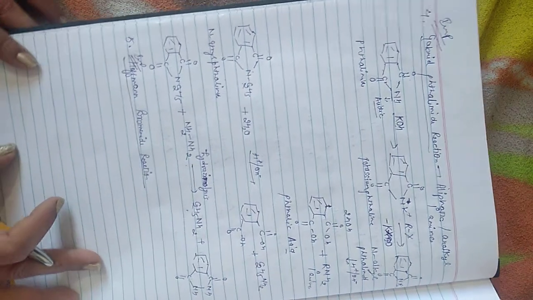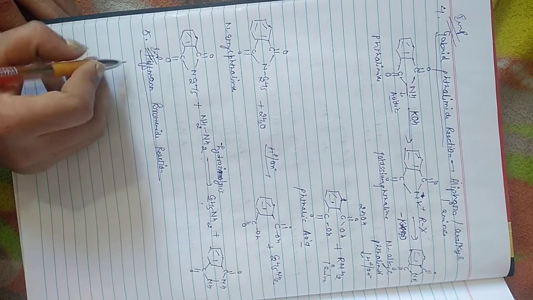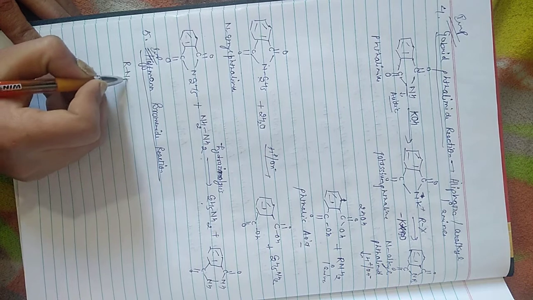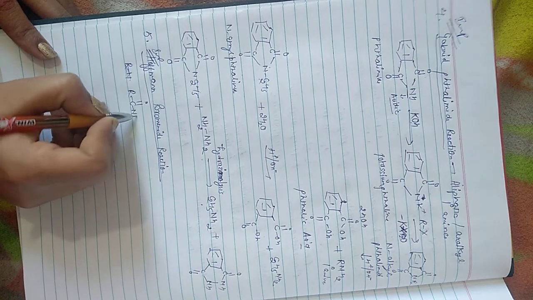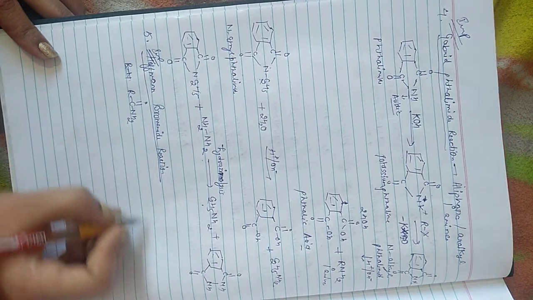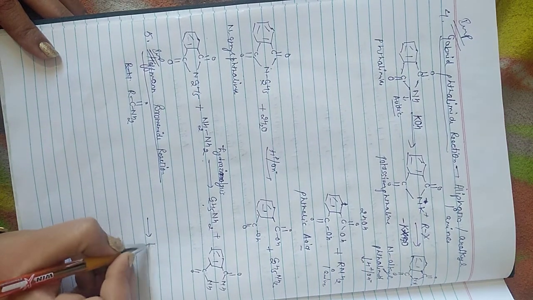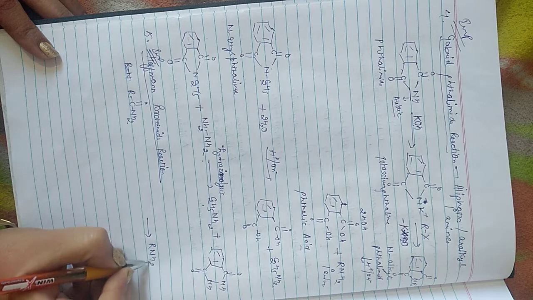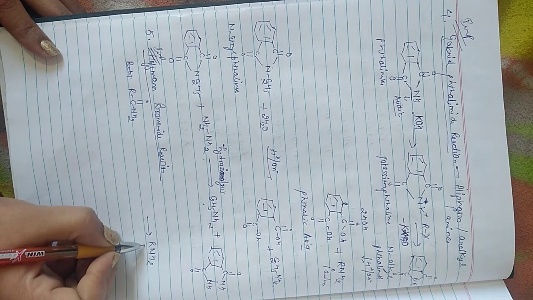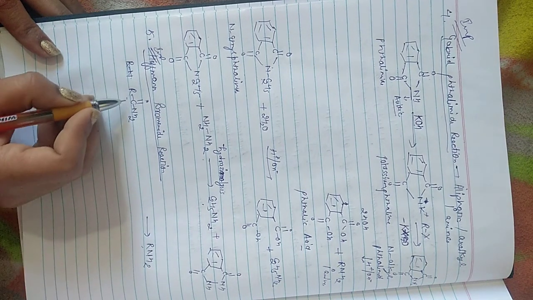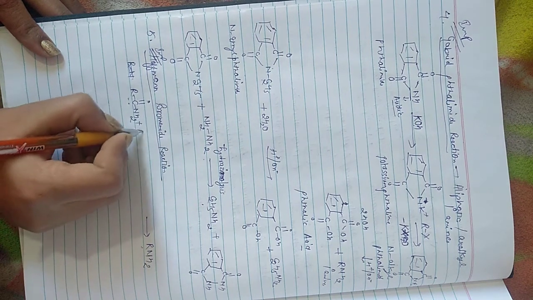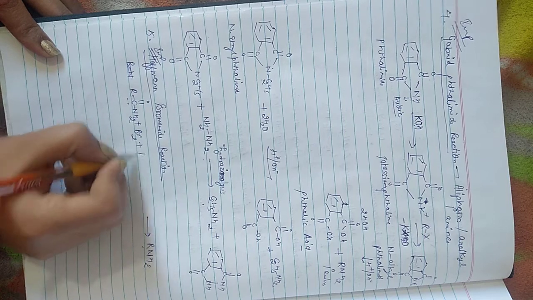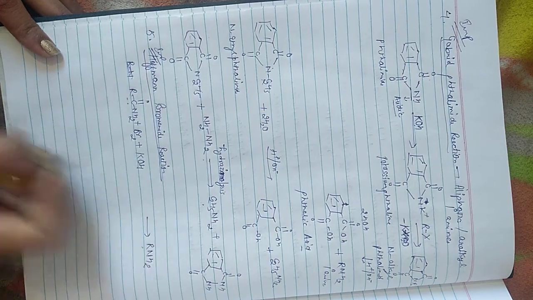In this method, an amide, RC=O NH2, forms an amine containing one carbon atom less than the parent amide on reaction with bromine and potassium hydroxide.